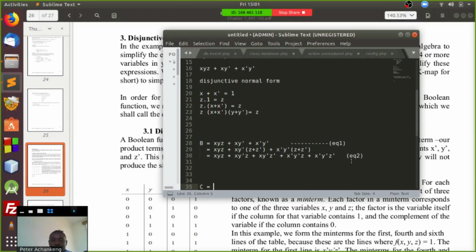I'm giving you an expression C, which is yz plus x prime z. C equals yz plus x prime z. Write it in disjunctive normal form. DNF is disjunctive normal form. That's how it's abbreviated.